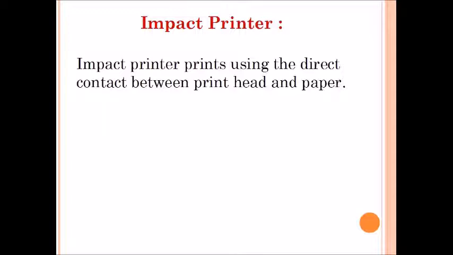These strikes cause the imprint of the print head on the paper with the ink from the ribbon. That's why there is direct contact between the print head and the paper.